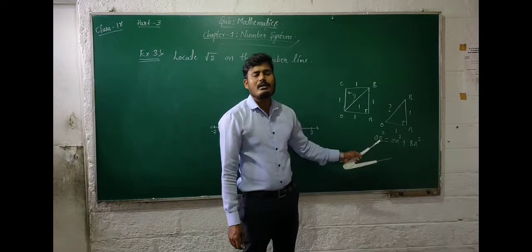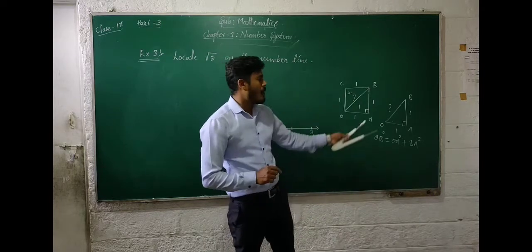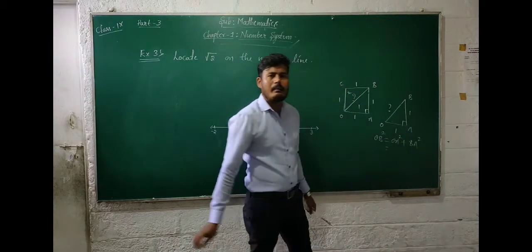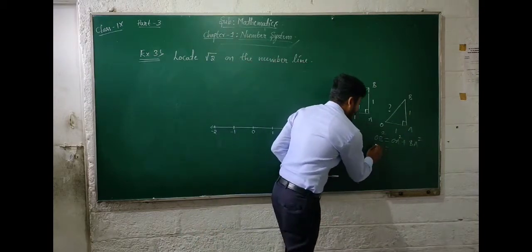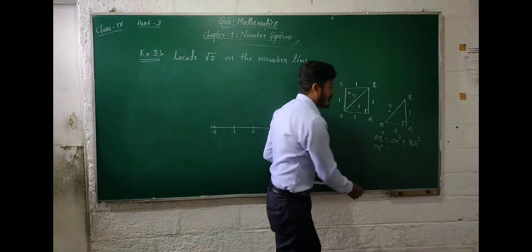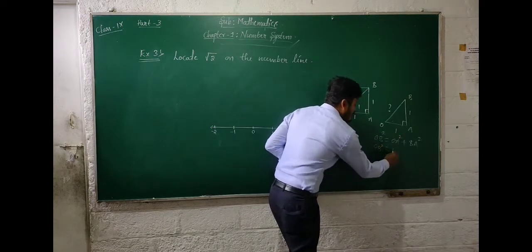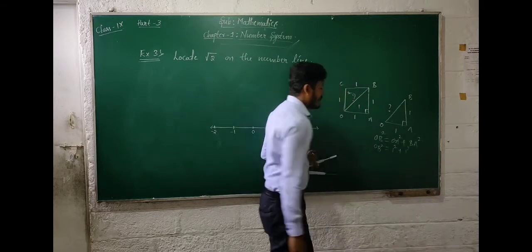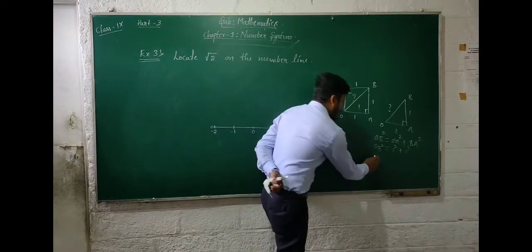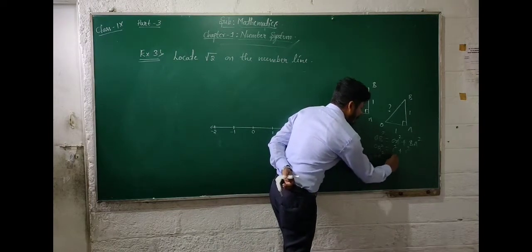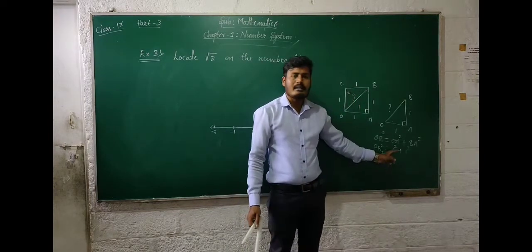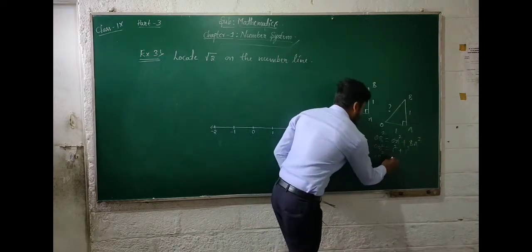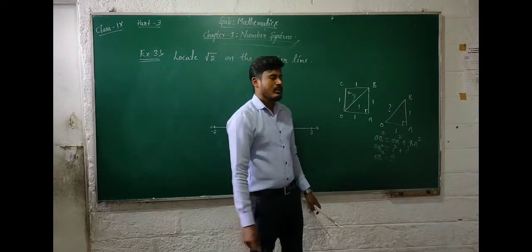Then we have to find out the length of OB, because here OB is the required length. We know the values of OA and BA. So here OB square is equal to OA, which is 1 unit, that means 1 square, plus BA, which is 1 unit, that means 1 square. 1 square is nothing but 1, and again 1 square is nothing but 1. 1 plus 1 is equal to 2.